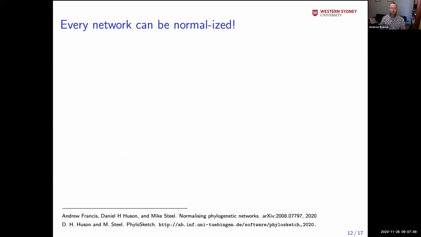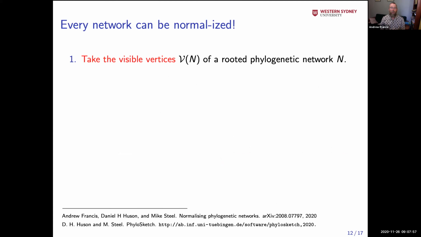It's still under review, but the result is that every network has a canonical normal network. So you can give me any rooted phylogenetic network, and it has a canonical normal network that represents it. It captures its key information.